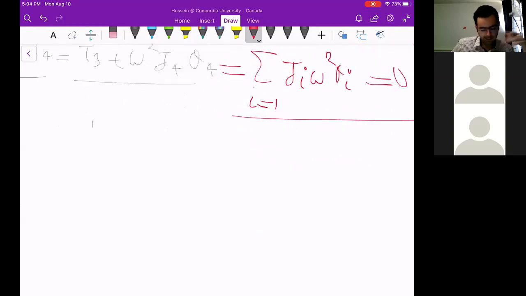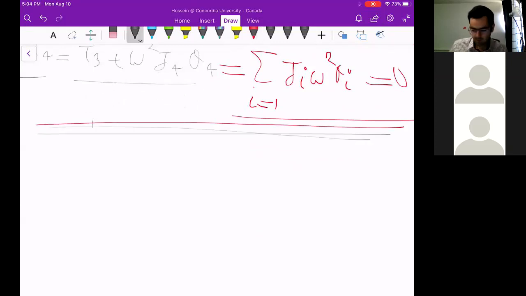So in order to start the trial and error method, you have to construct a table, which prevents you from making mistakes. So you have to draw a table.